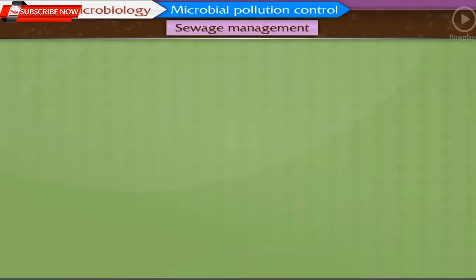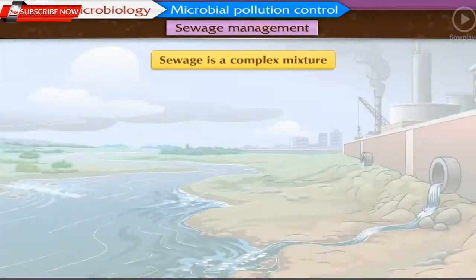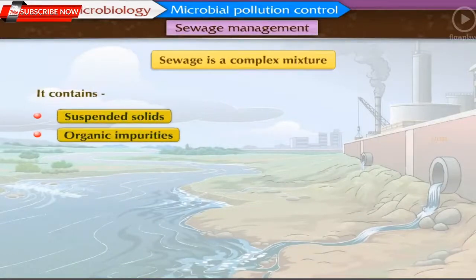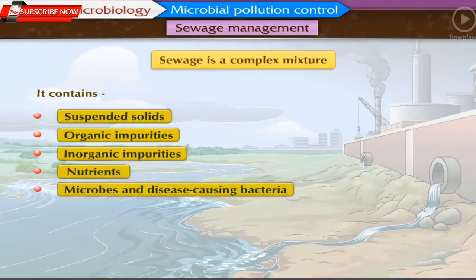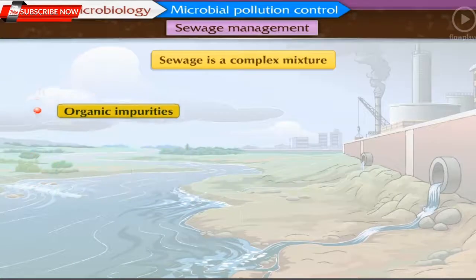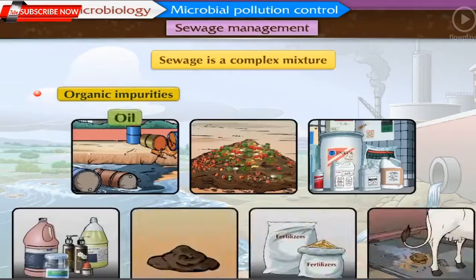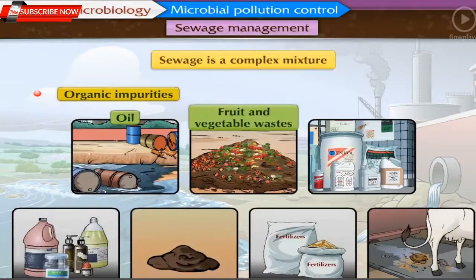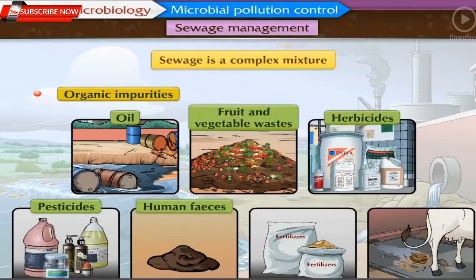Sewage management. Sewage is a complex mixture containing suspended solids, organic as well as inorganic impurities, nutrients, microbes, and various kinds of disease-causing bacteria. The organic impurities include oil, fruit and vegetable wastes, herbicides, pesticides, human feces, urea, and animal wastes.